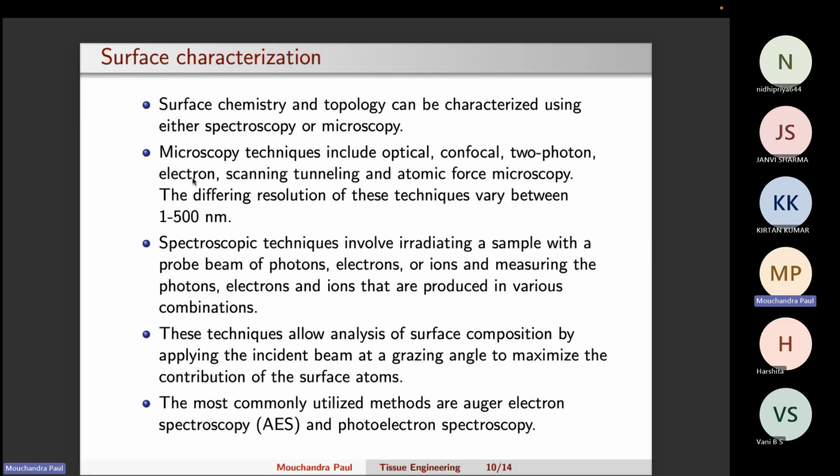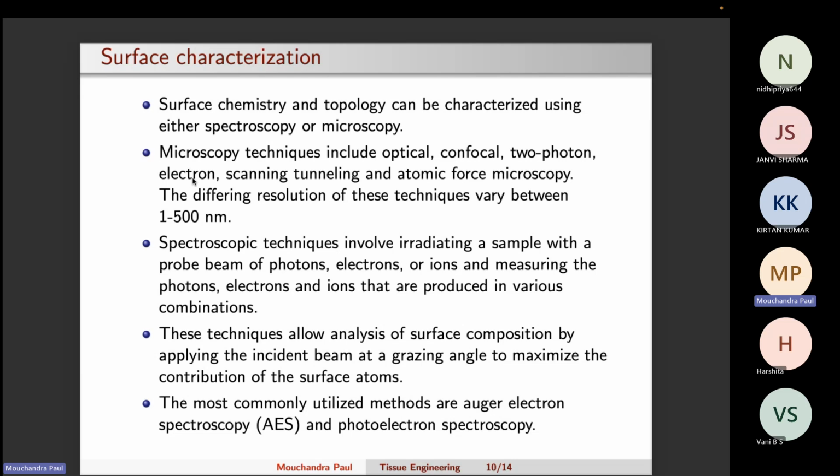Like you want to understand how much of elements like carbon, oxygen, nitrogen, etc. are present on your surface. Spectroscopic techniques are mainly used for understanding the functional groups, and we can actually go up to quantifying the elements that I just said.